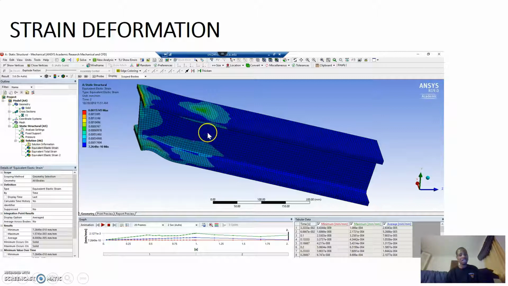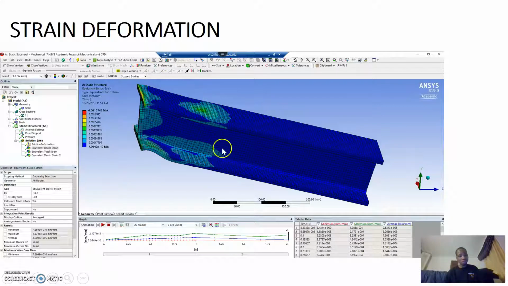The material that I use is structural steel, and the yield strength of the structural steel is 250 megapascal, which means the yield stress of this analysis is greater than 250, which is the yield strength of the structural steel. So in that case, the material fails, and we don't want that. This is permanent deformation. This is failure, as I said, and we don't want that.